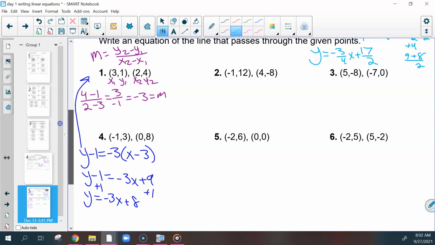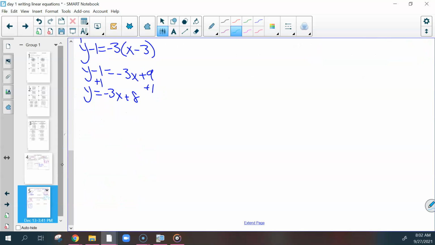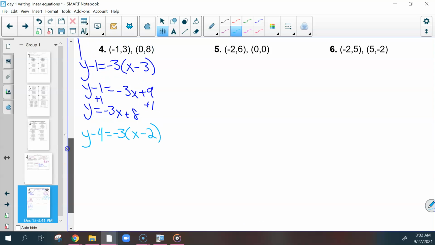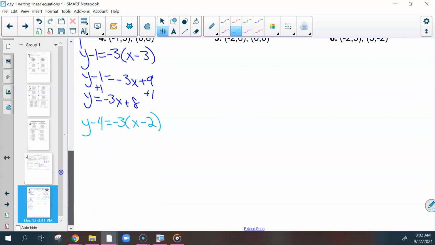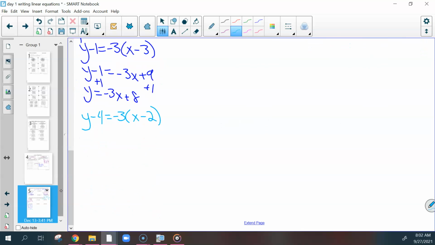But if you chose to use the other point, 2, 4, y minus 4 equals negative 3 times x minus 2. Same process, just different points. Y minus 4 equals negative 3x plus 6.